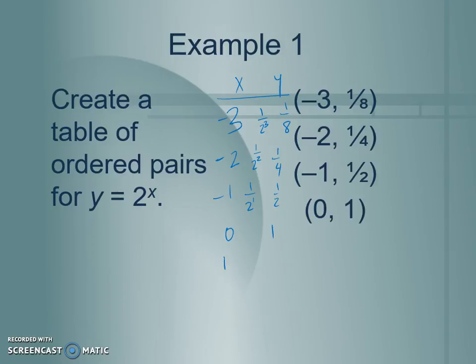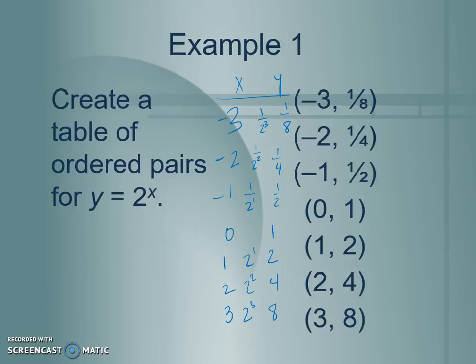And then for our 1 would be 2 to the first power, which is 2. And for 2, we would have 2 to the second power, which would be 4. And for 3, 2 to the third power is 8. So this in the middle here is just kind of where I was working my 2 to the x power out. So these are our ordered pairs.